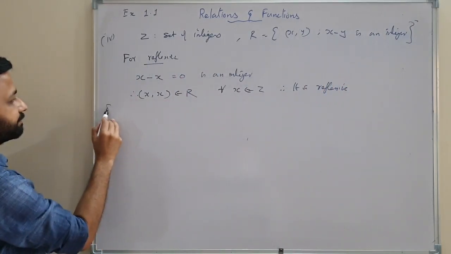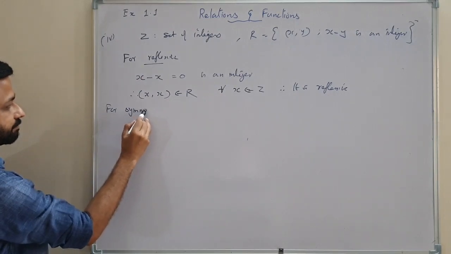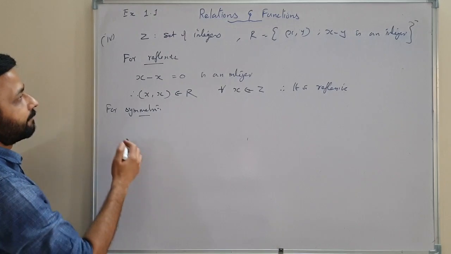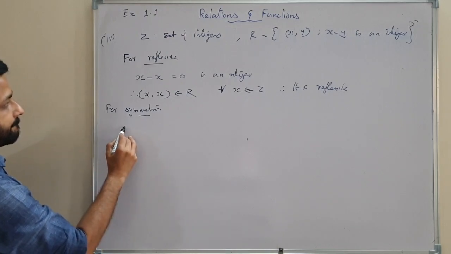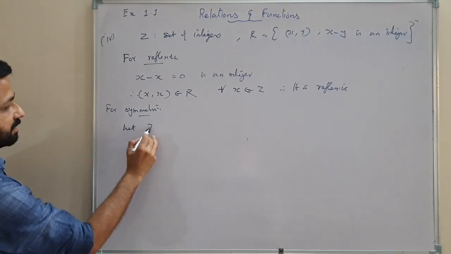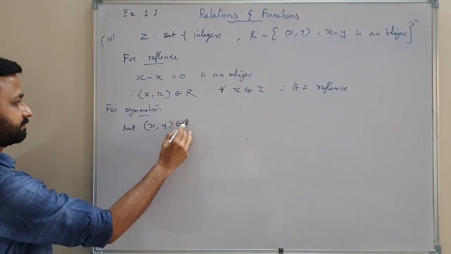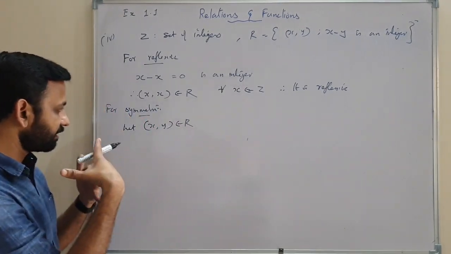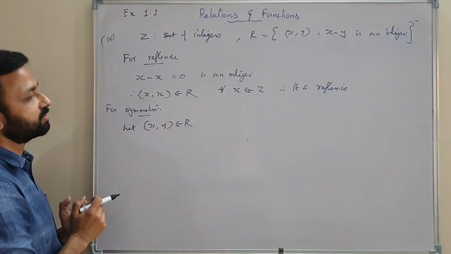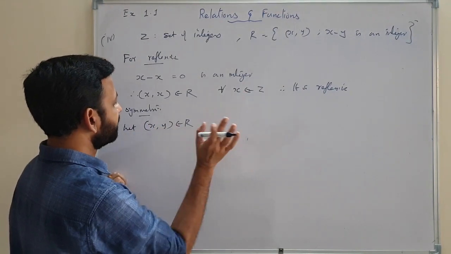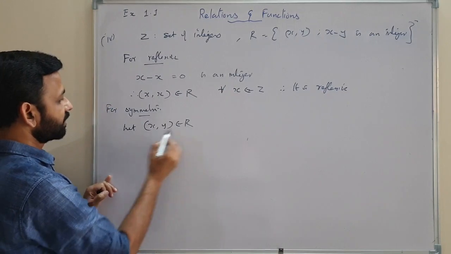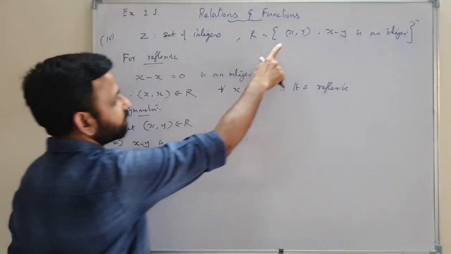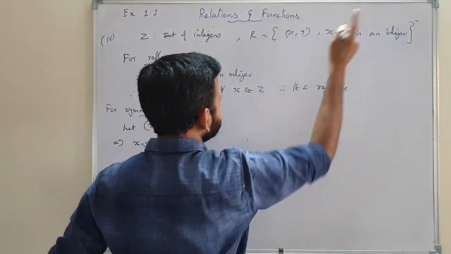Then for symmetric, let (x, y) belong to R. We are assuming (x, y) is an element of R. Then we have to check whether (y, x) belongs to R or not. (x, y) is an element of R implies x minus y is an integer. If (x, y) belongs to R, then x minus y is an integer.